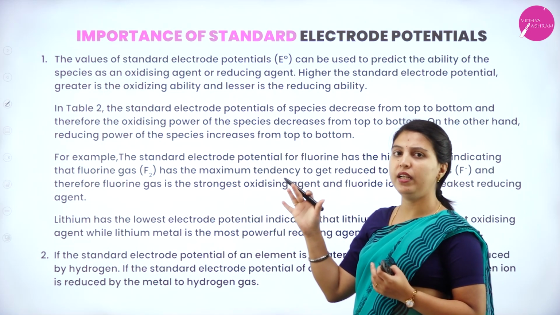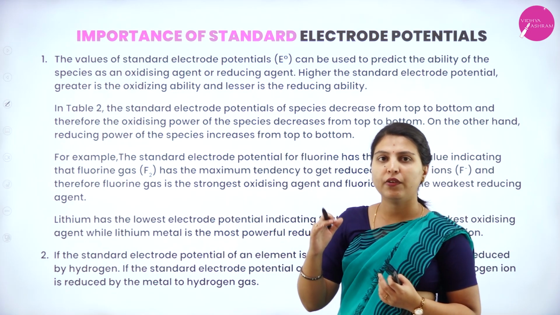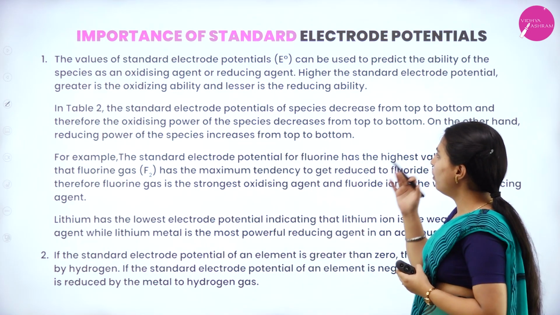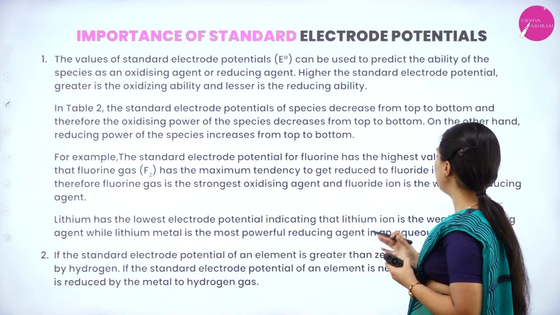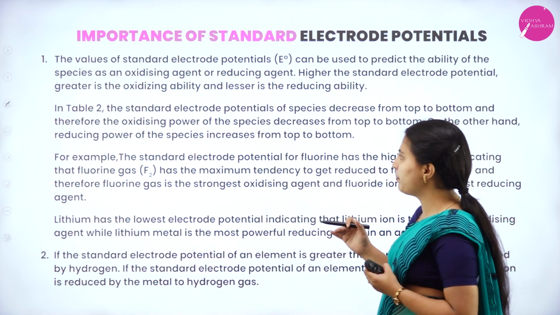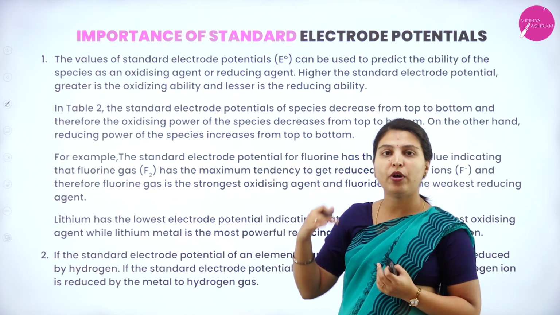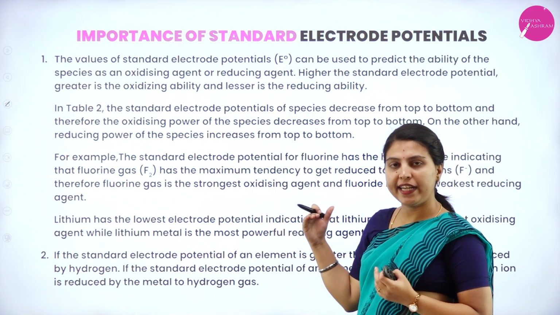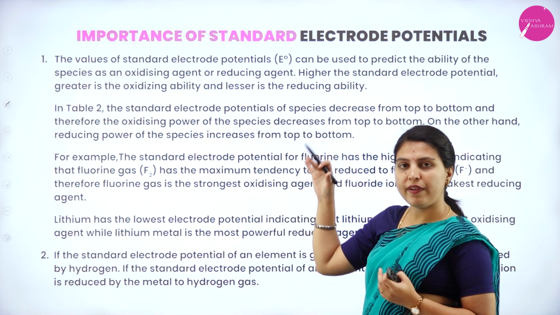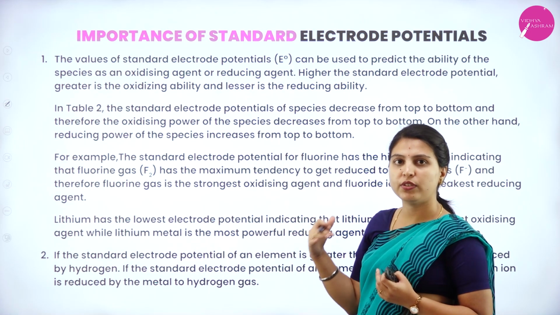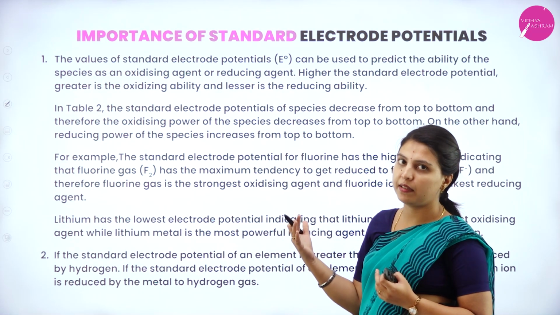If you see the table from top to bottom, the values decrease, so the oxidizing power also decreases. On the other hand, the reducing power of the species keeps on increasing. Down the side, negative values are there, so the reducing power increases, but the oxidizing power decreases.